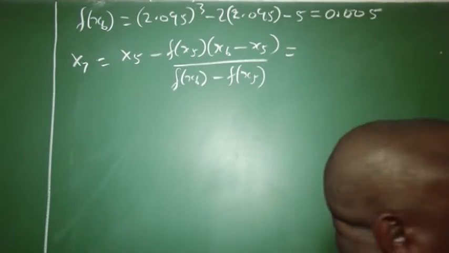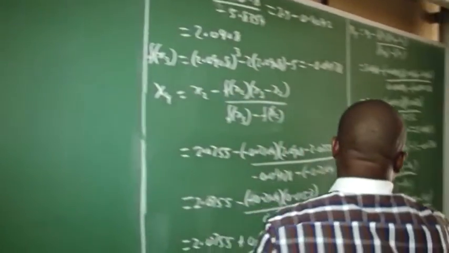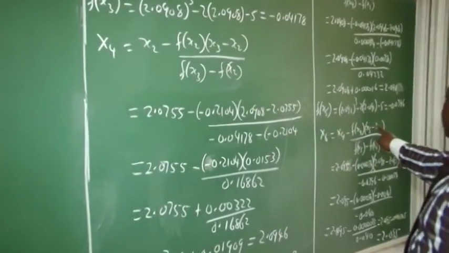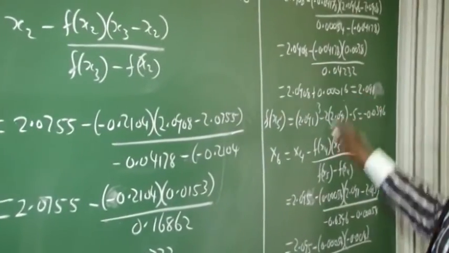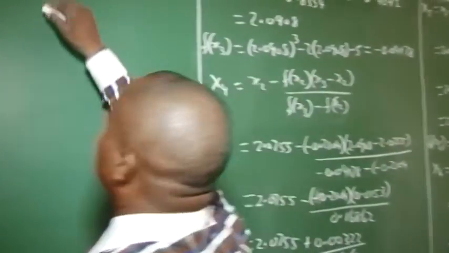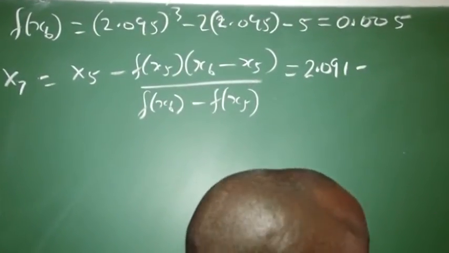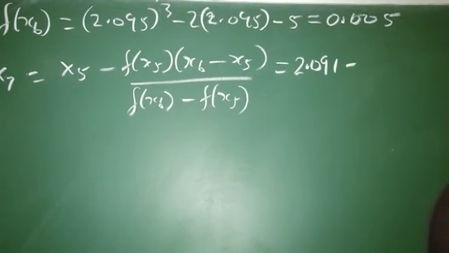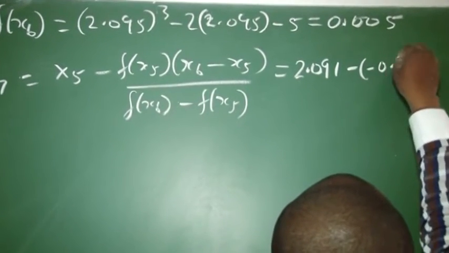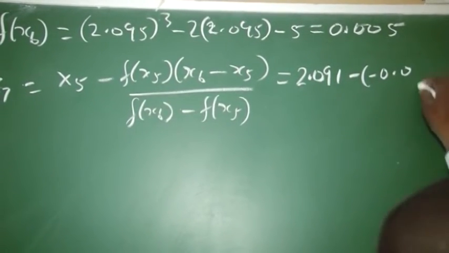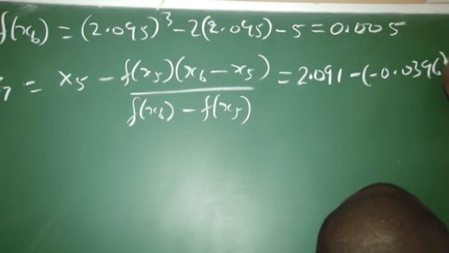Now x5 is 2.091, minus f of x5, which is minus 0.0396.